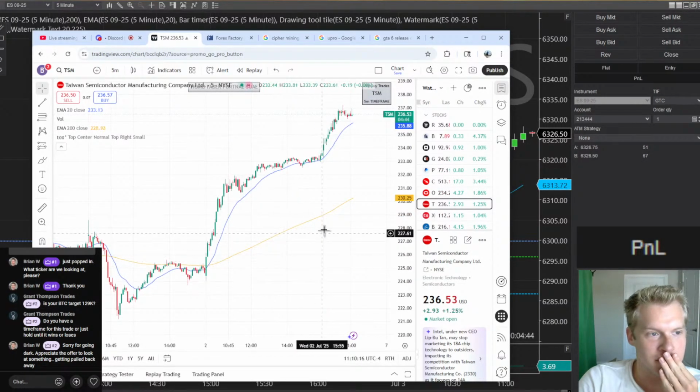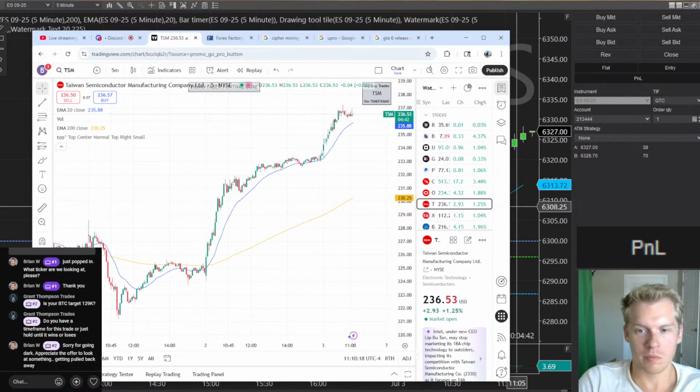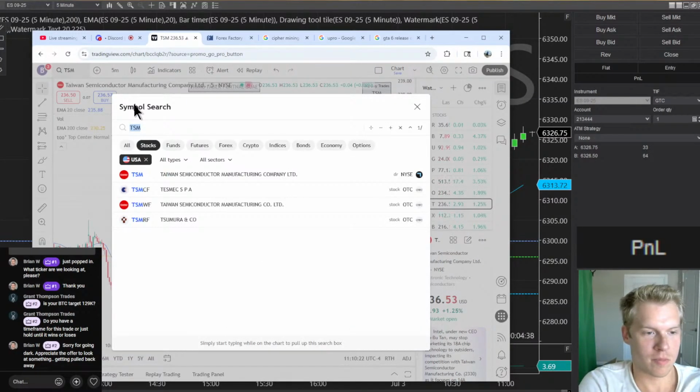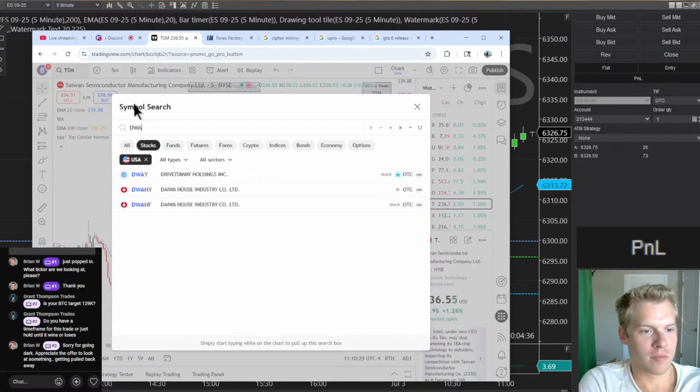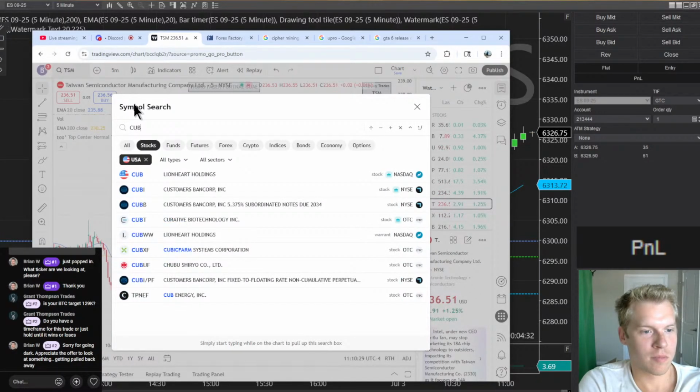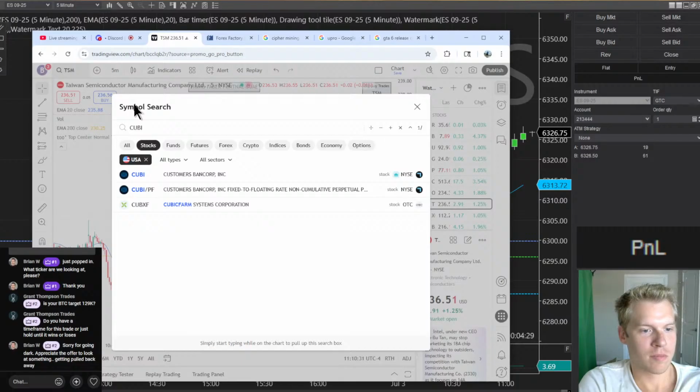One that I've been pretty pleased with though is QBTS, D-Wave Quantum. Very happy with them. They're making a lot of breakthroughs in quantum computing and data management for quantum stuff.